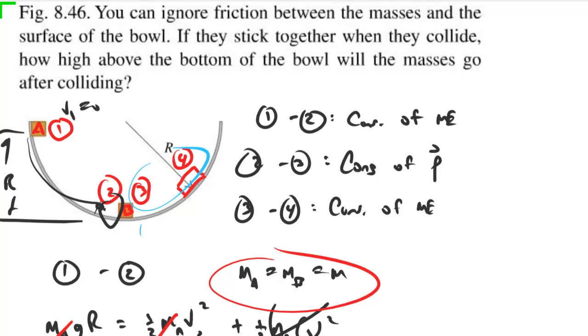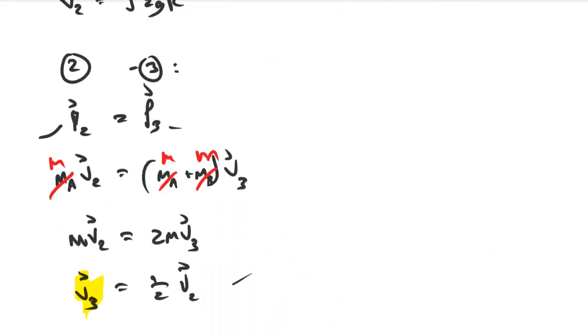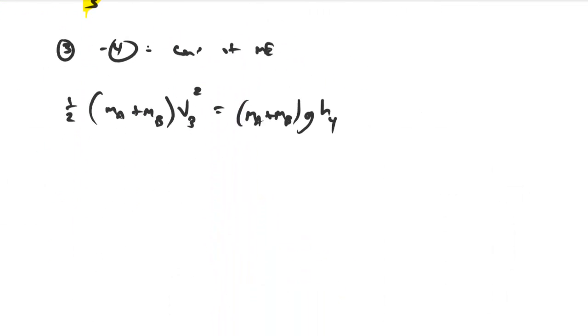That's what this is here, h4. And the mass cancels out, it's the total mass, right? And we have here height 4 is equal to V3 squared over 2g.